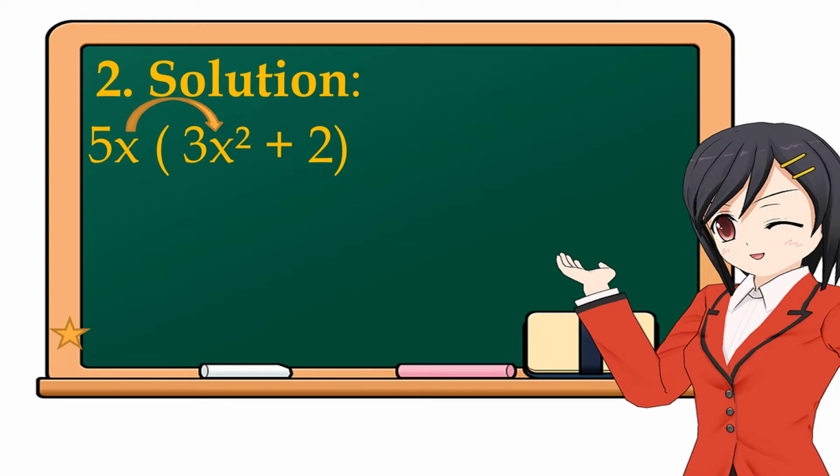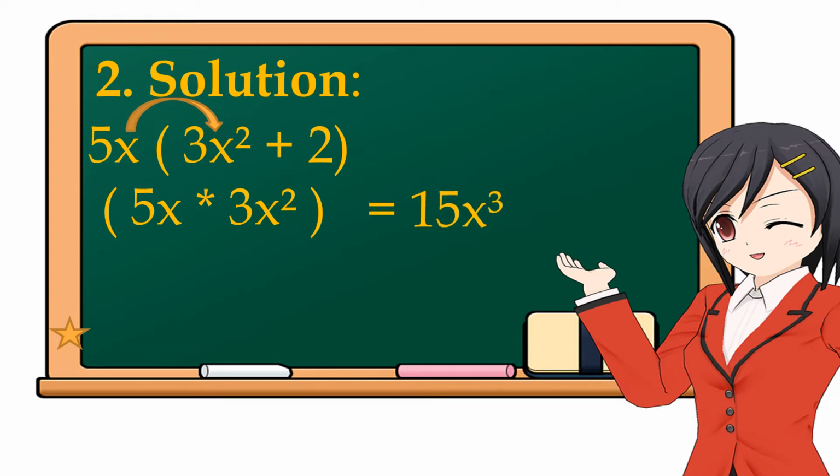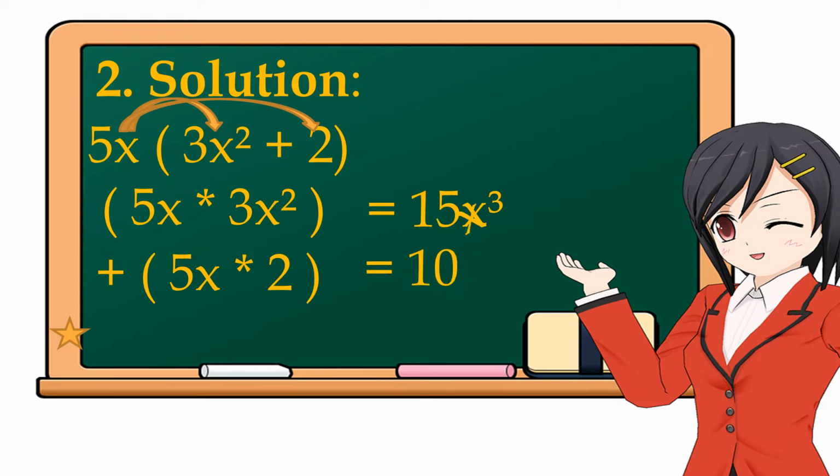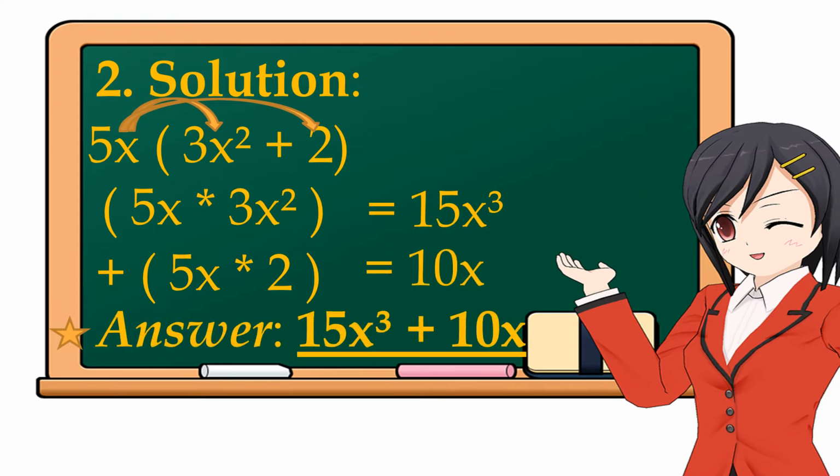So we will use the distributive property. So 5x times 3 times x squared is equals to 15x cubed. And then 5x times 2 is equals to 10x. So our answer is 15x cubed plus 10x.